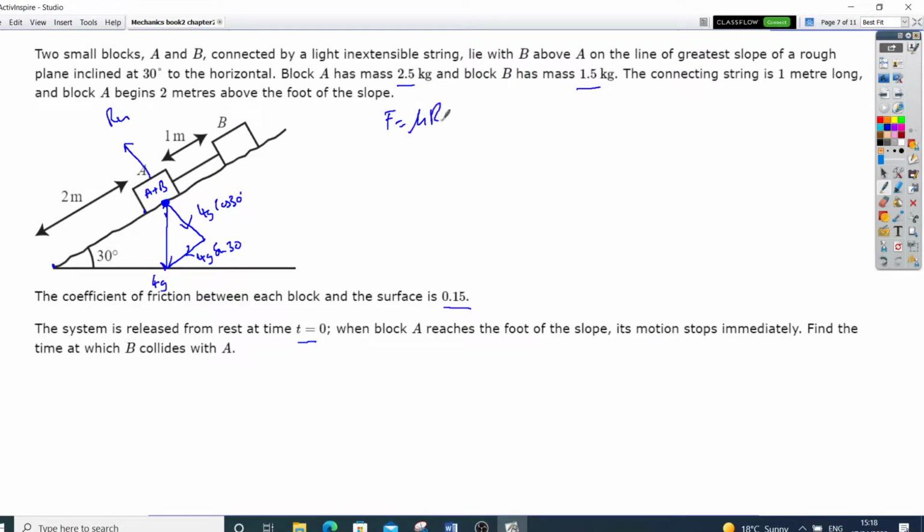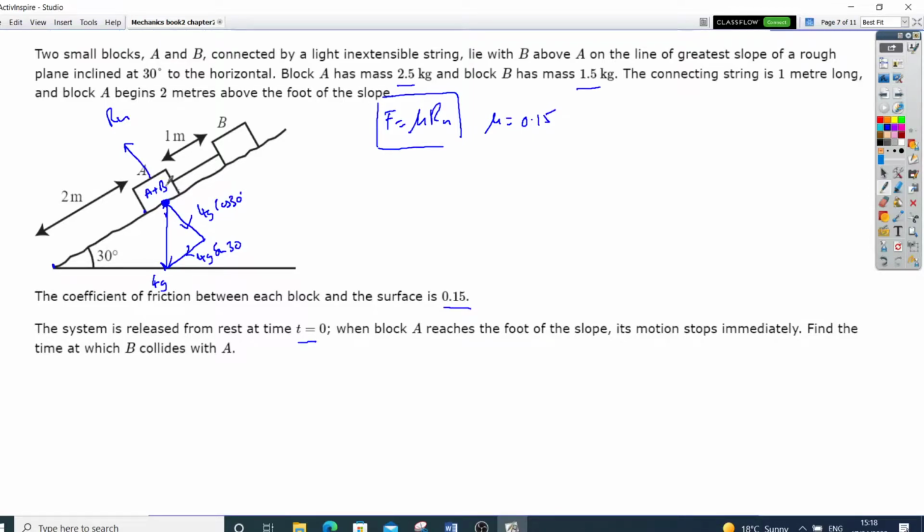Okay, so also remember that friction is mu times contact force. In this case mu is equal to 0.15. Yeah, so we got that. Now let's just double check which way that's going.